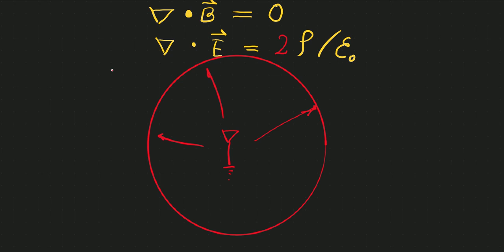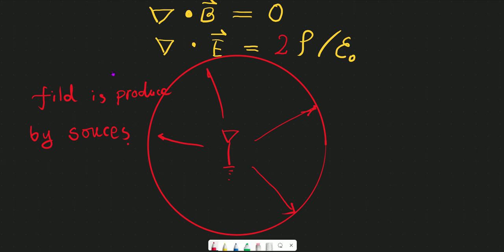So the field is produced by source. However, in my situations, I have a receiving antenna.